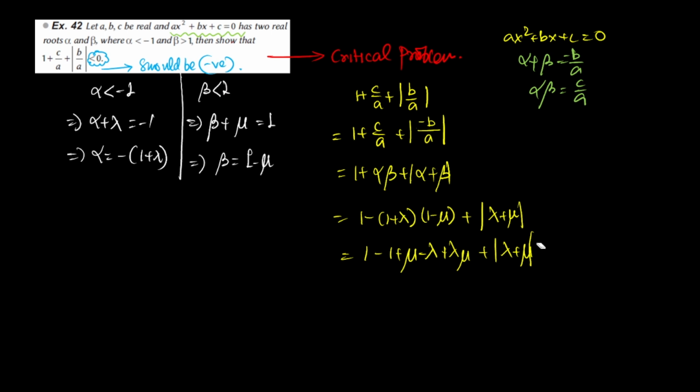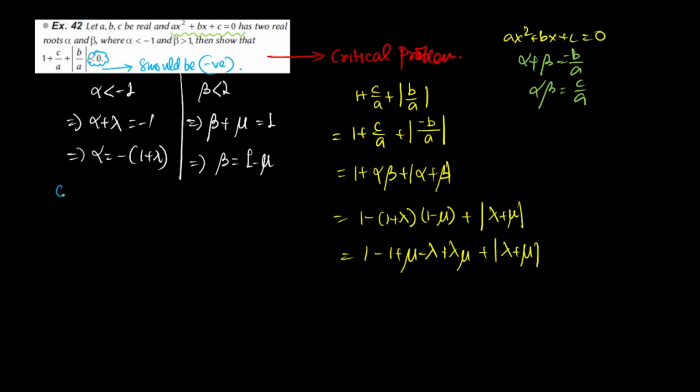Am I correct now? Wait a minute, let me just check. 1 minus 1, 1 minus nu becomes plus nu, plus lambda minus lambda nu plus lambda nu. Yes. Then we get something just like an expression of this.